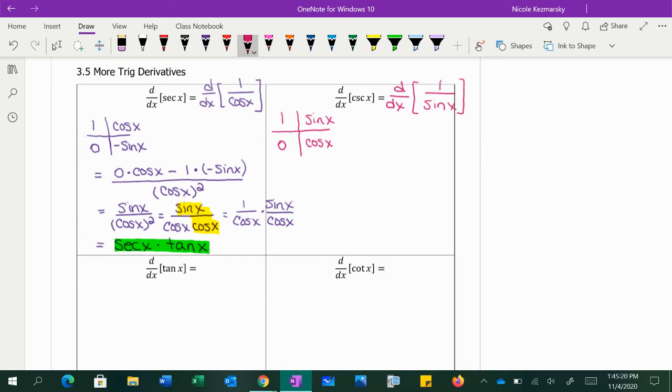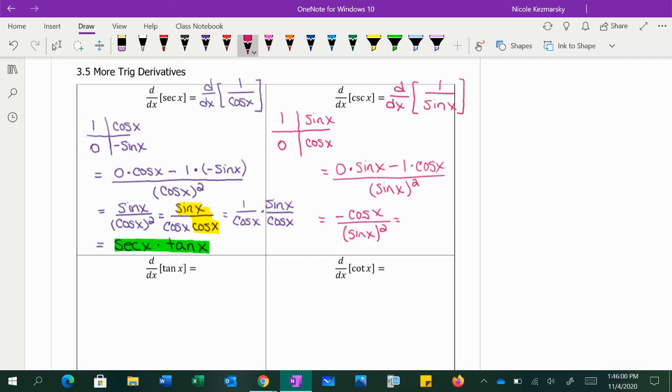And so then I'm going to say 0 times sine of x minus 1 times cosine of x, all divided by the original denominator, which was sine, so sine of x squared. So simplifying that down, the 0 times sine is going away, so I'm left with negative cosine of x over sine of x squared.